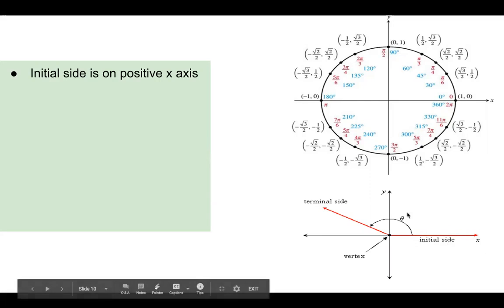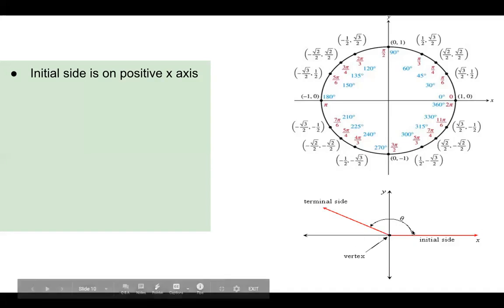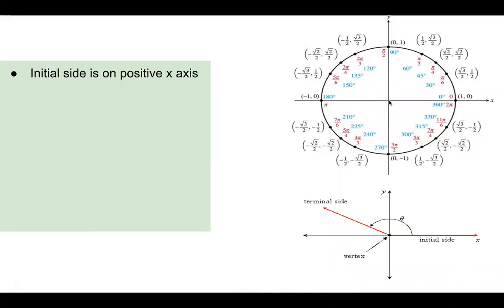It opens up to create an angle. This ray right here is called your terminal side, and it measures angles around the unit circle. The terminal side moves around its vertex to create these angles. So let me show you. Let me use a straight edge. If I want to create a 30-degree angle, I'm going to draw my initial side right here that's flat.